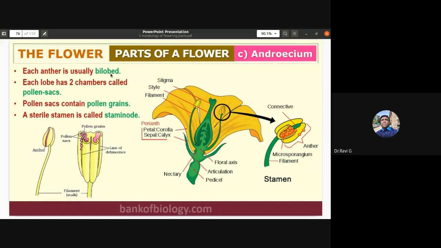We call it a bilobed anther or dithecous anther. Each lobe has two chambers called pollen sacs, and the pollen sac contains the pollen grains. A sterile stamen is called staminode. So this is the initial level of androecium details you should remember.